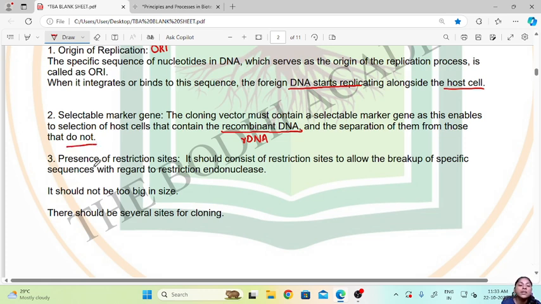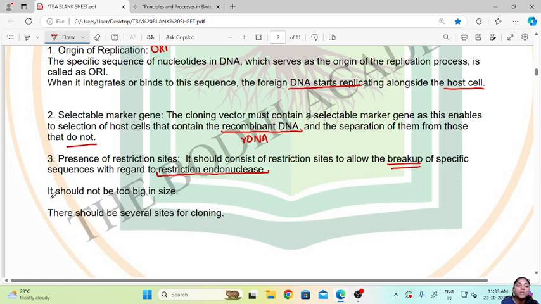Then another thing which is required is the presence of restriction sites. It should consist of restriction sites to allow the breakup of specific sequences with regard to the restriction endonucleases. So with regard to the restriction endonucleases, or restriction enzymes, there should be restriction sites which will allow the breakup of the specific sequences.